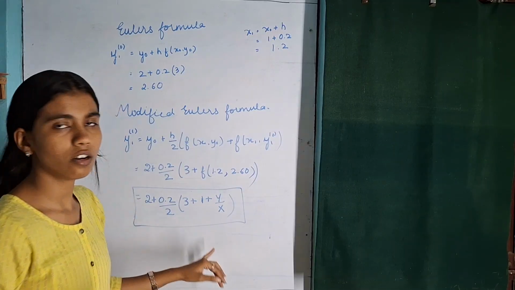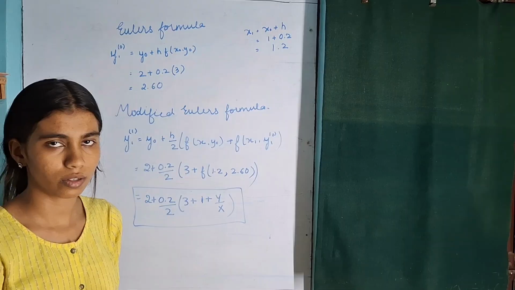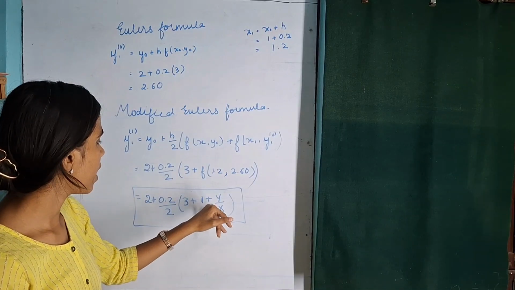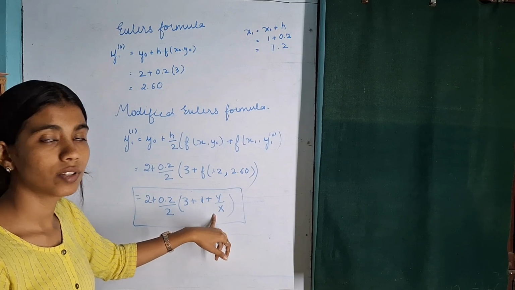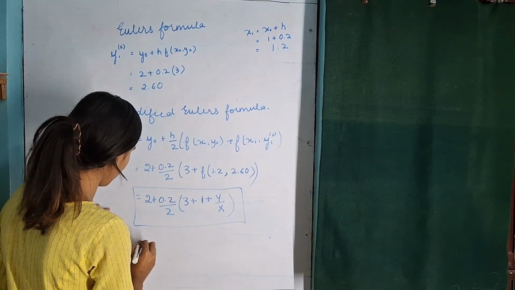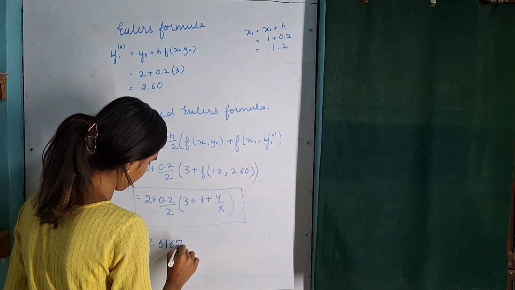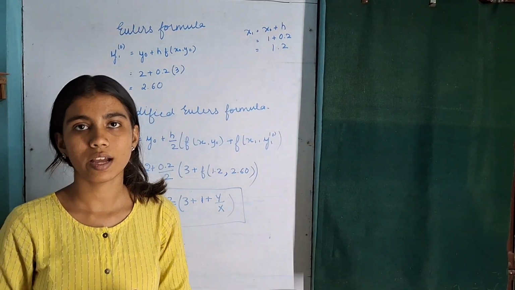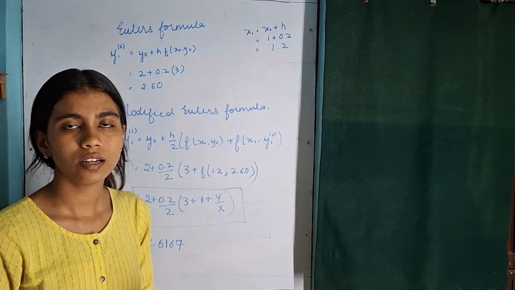When you press the calculate button, it will ask for the y value, you put 2.60, and it will ask for the value of x, you put 1.2. After you put this, you get the value 0.6167. So this is the value you will find after putting this whole expression in the calculator and solving it.